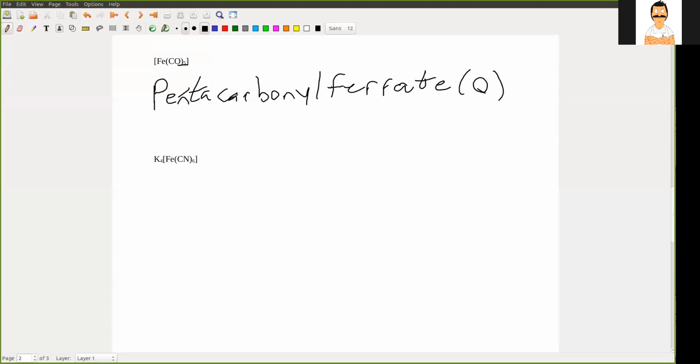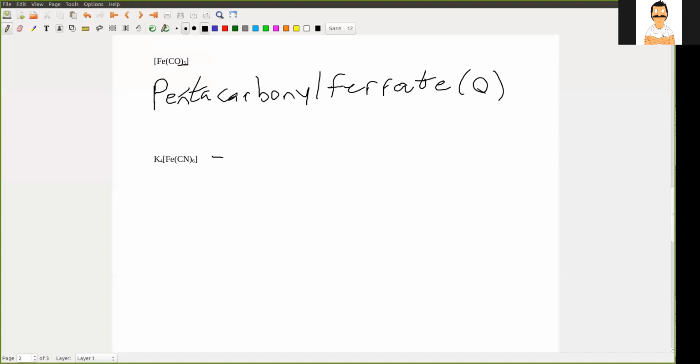But you may not be accustomed to noting the zero when putting the charge on a metal. In the past, you've only ever seen iron 2, iron 3, and so forth. But yes, you can have a zero, and you do want to denote the zero in the coordination chemistry.